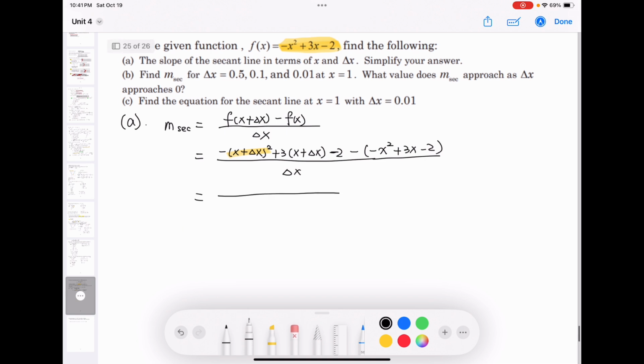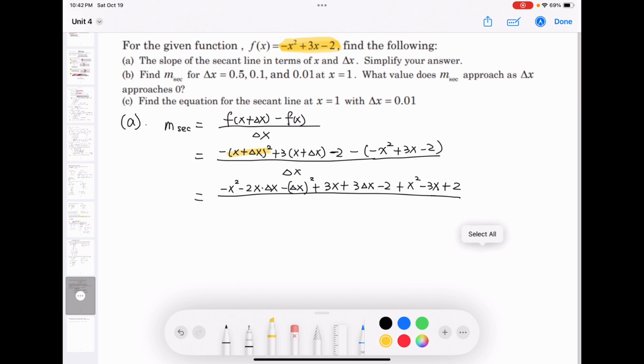So if I finish that, we have negative x squared minus 2x times delta x, then minus delta x all of them squared, plus distribute the 3x plus 3 delta x, minus 2 minus, so we plus x squared minus 3x plus 2.